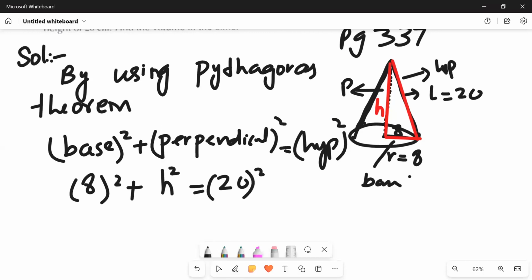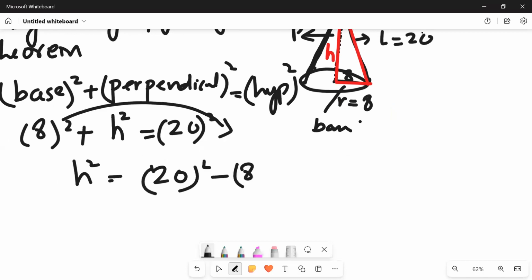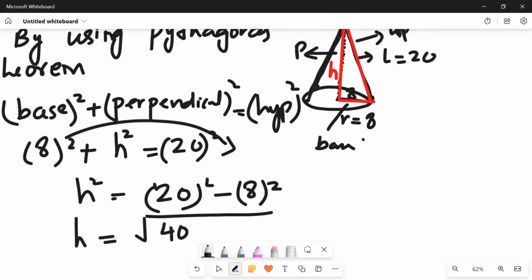Okay, then how to find the height? We will shift this 8 square to the other side. Now the next step is we will take the square root for finding the height. So this one is 400 minus 64.